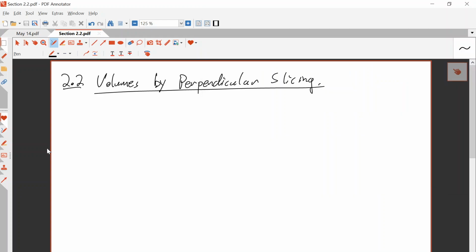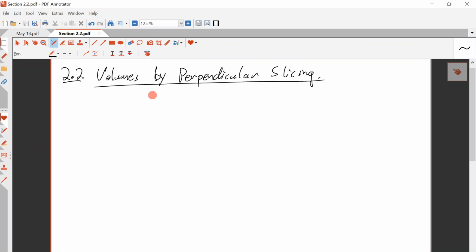Hi everybody, this is our lecture on section 2.2, volumes by perpendicular slicing.